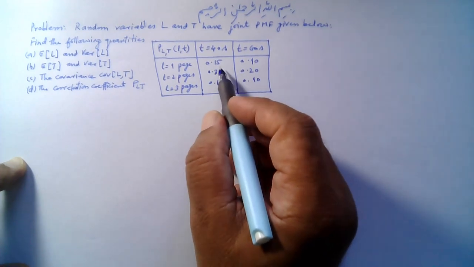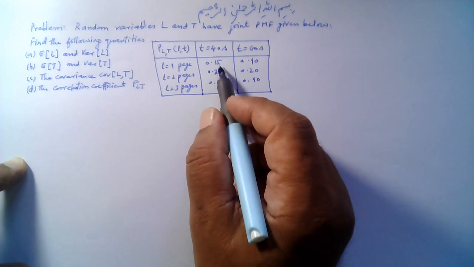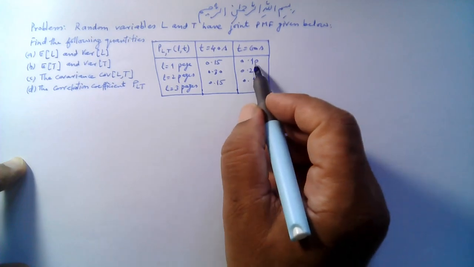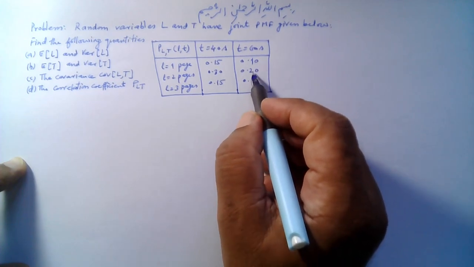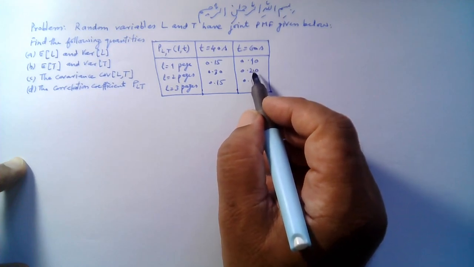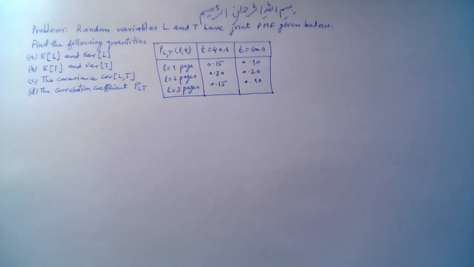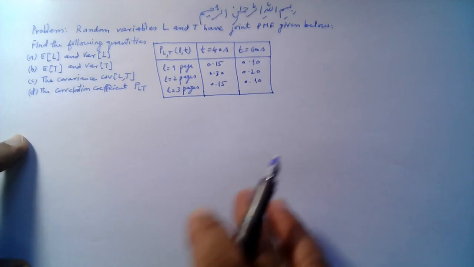So for example, if you sum this 0.15 plus 0.15, this is 0.30, and plus 0.30, this comes out to be 0.60, 0.8, 0.7, and 0.8, and then plus 0.2 sums it to be 1 as a whole. So this is a valid PMF that we have been given, and we need to find out all these parameters from this giant probability mass function.